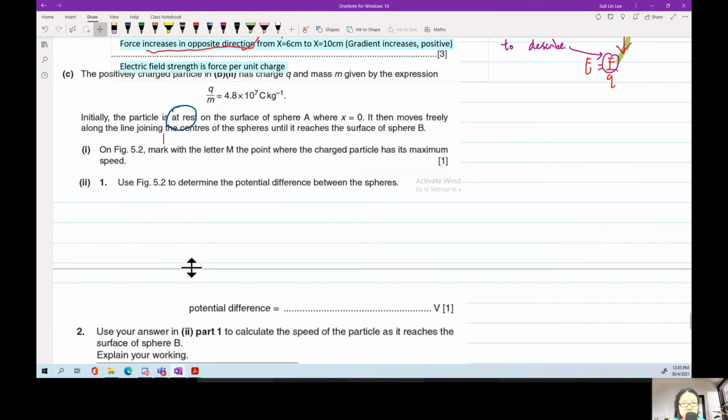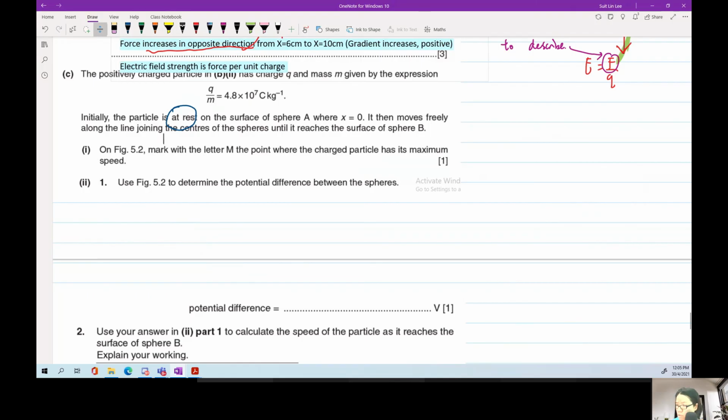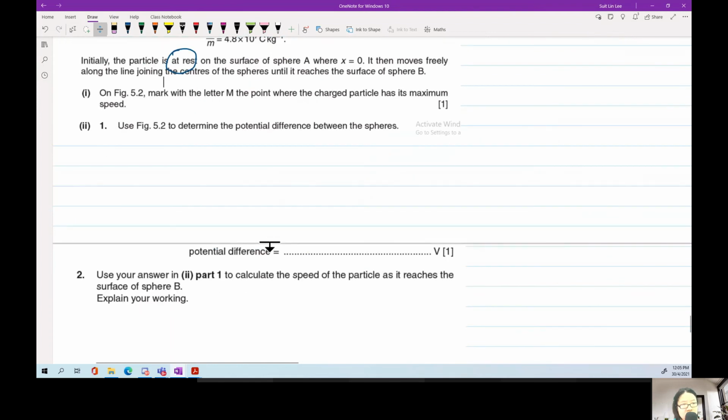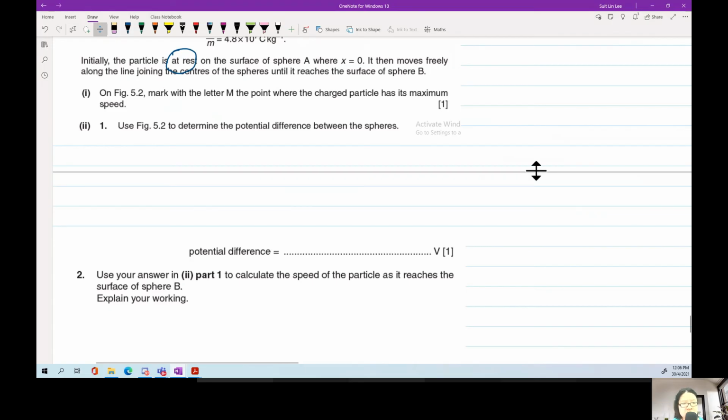Use figure 5.2 to determine the potential difference between the spheres. And use your answer to calculate the speed of the particle as it reaches sphere B. Explain your working.